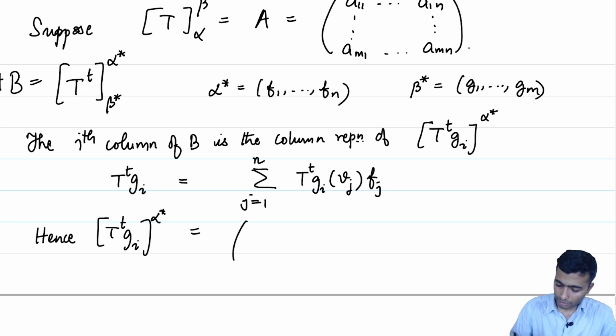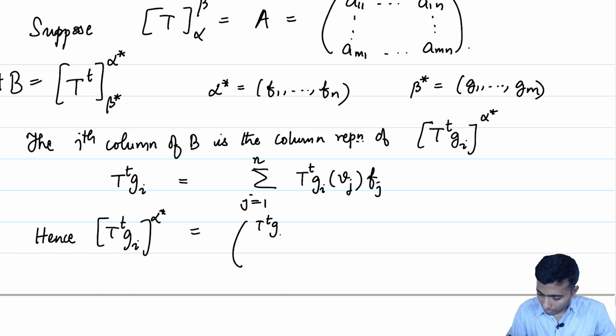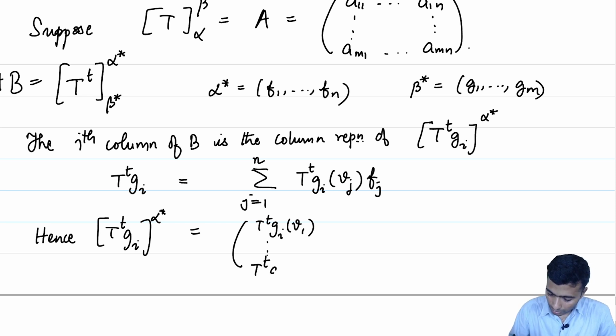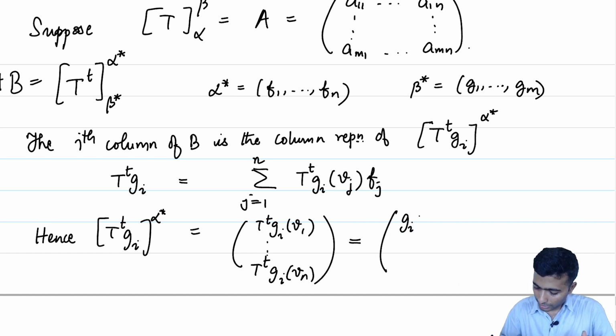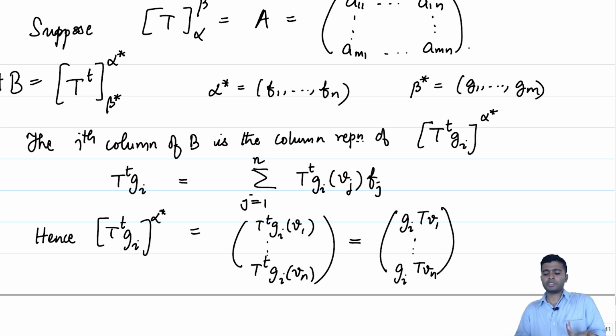That is nothing but T transpose Gi of V1 up to T transpose Gi of Vn. But by definition, what is T transpose Gi? It is Gi T. This is equal to Gi T V1 up to Gi T Vn. But again, what is Gi?